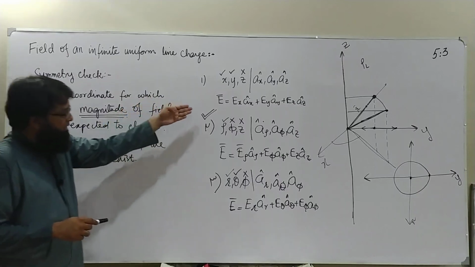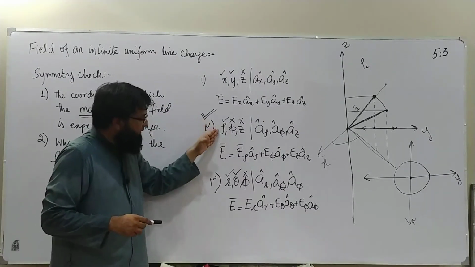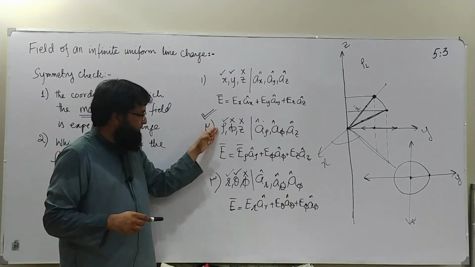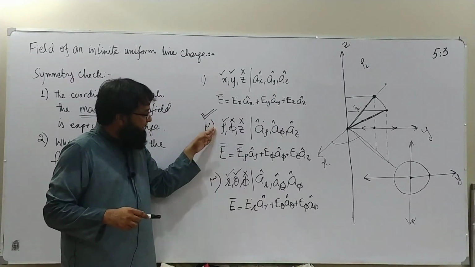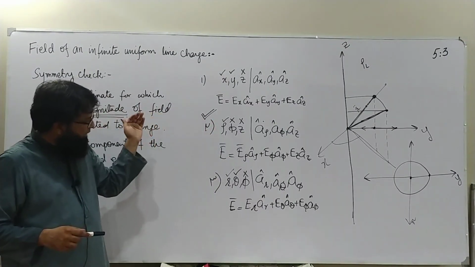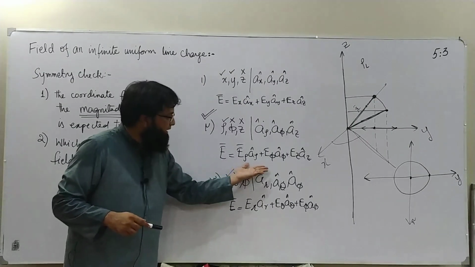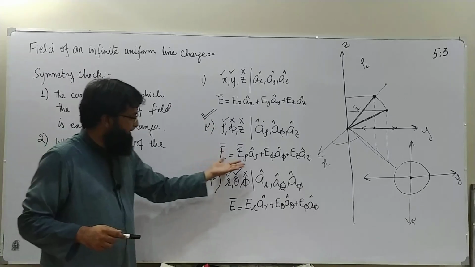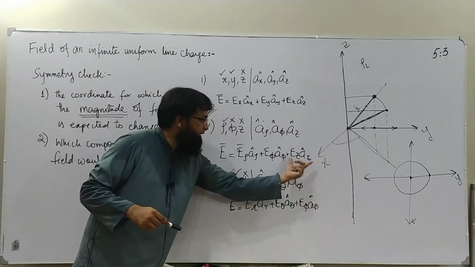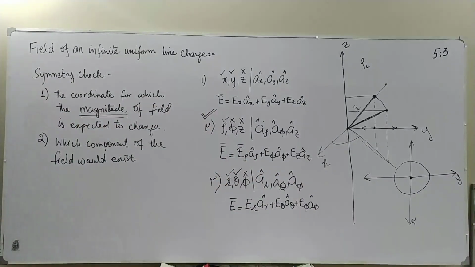So let's start deriving the formula of electric field intensity using the cylindrical coordinate system, and while deriving we will do symmetry check number 2. While deriving the expression, we will see which components of the field are expected to be present and which are expected to be absent.